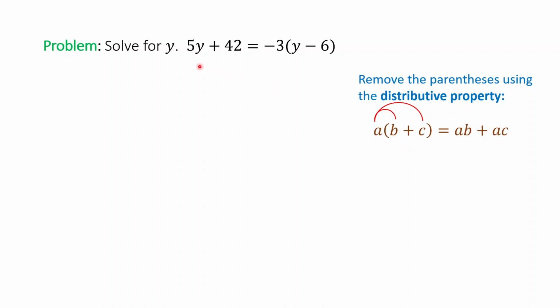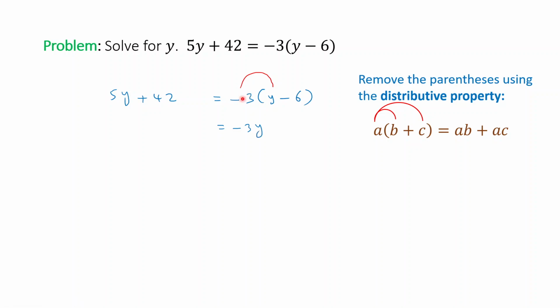So first I'm going to write the equation. 5y plus 42 is equal to negative 3 y minus 6. Now use the distributive property. You multiply this and this, so that is equal to negative 3 times y is negative 3y.